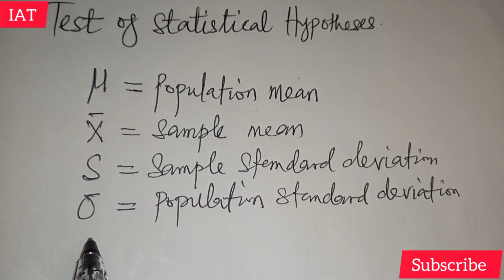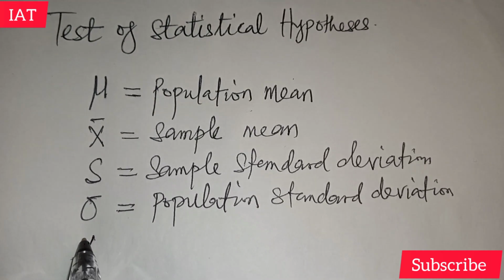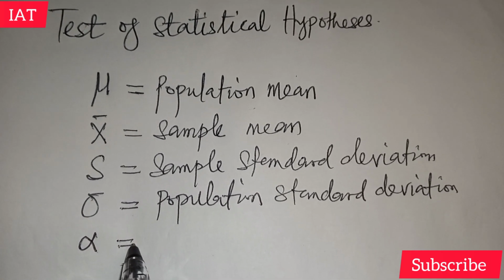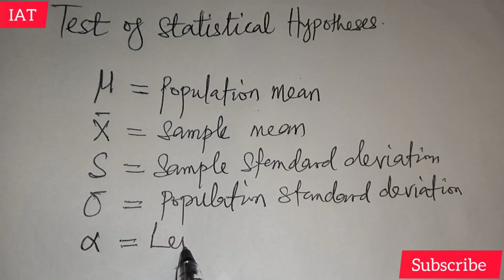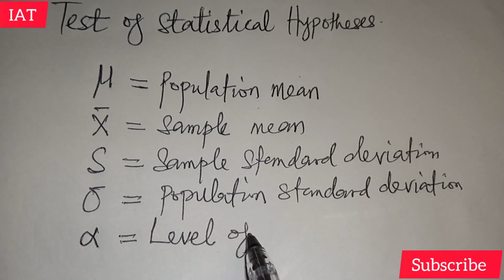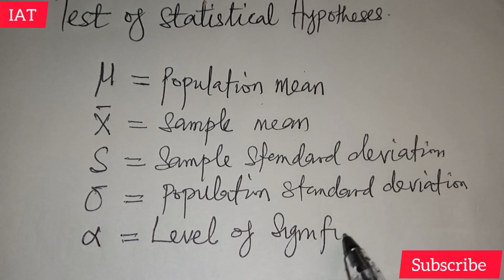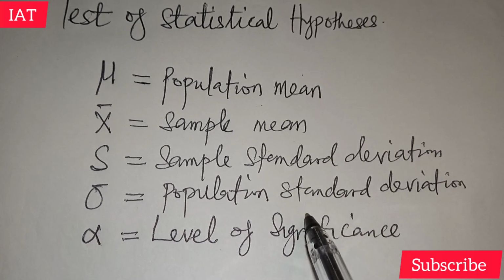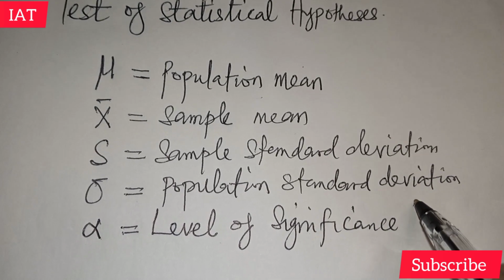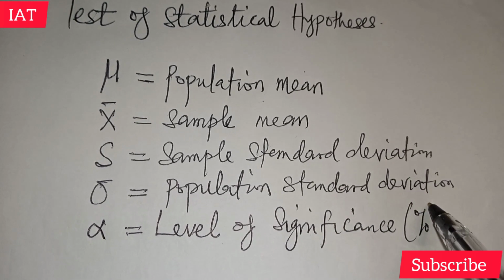So another one I also want to introduce to you is this alpha. You always see this alpha, and it represents what we call the level of significance. And most times you usually place it in percentage.